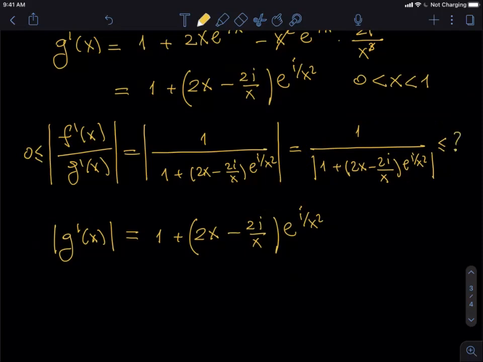But if I want some estimate from above, then I need to estimate the denominator from below. So I need bigger or equal than something.